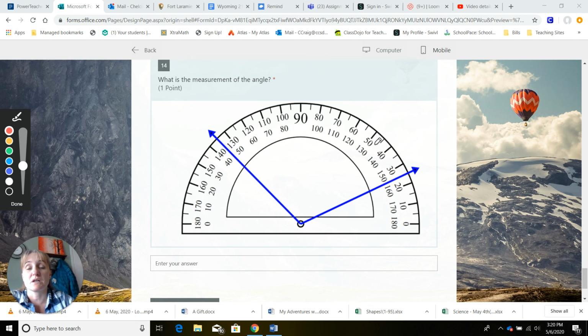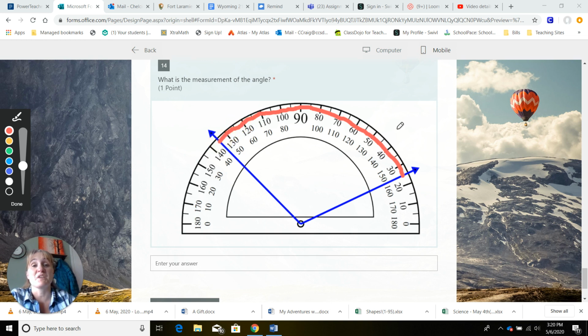Before I go up and click on number 13, let's make sure that we really have the measurement correct here. Let's count by 5. I know that's quite a ways if we're trying to get all the way to 110, but let's count by 5s from one line to the next. So here we go. 5, 10, 15, 20, 25, 30, 35, 40, 45, 50, 55, 60, 65, 70, 75, 80, 85, 90, 95, 100, 105, 110.